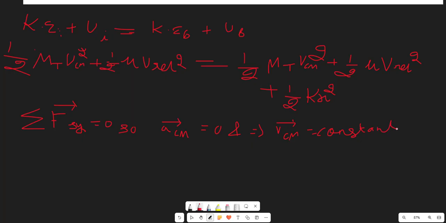Hence, we can say the center of mass initial velocity will be equal to the center of mass final velocity.